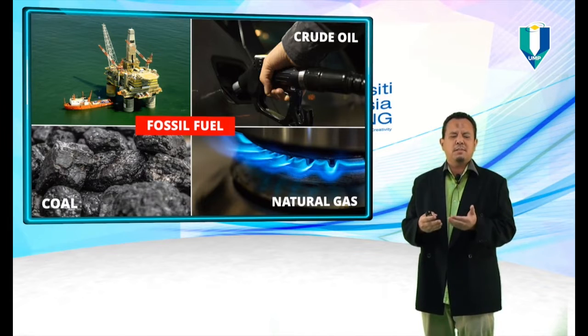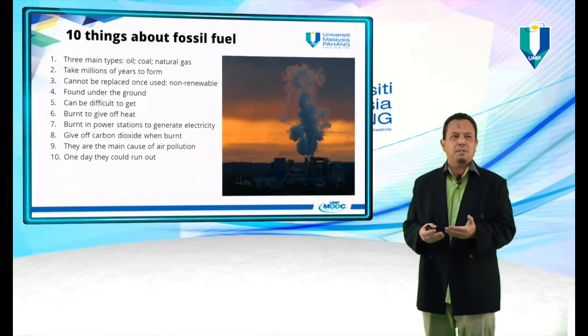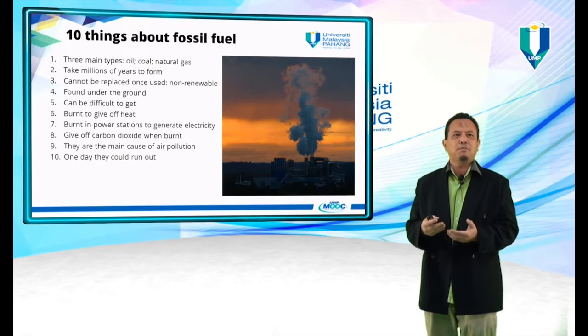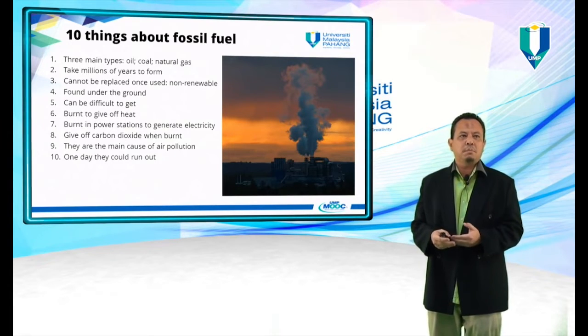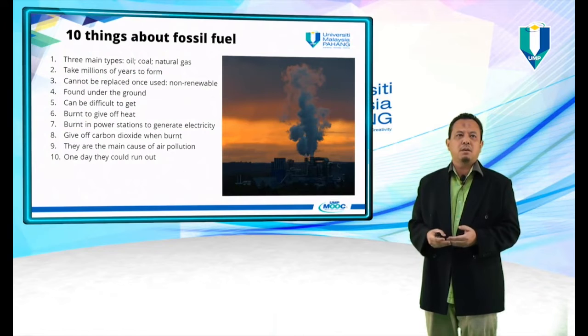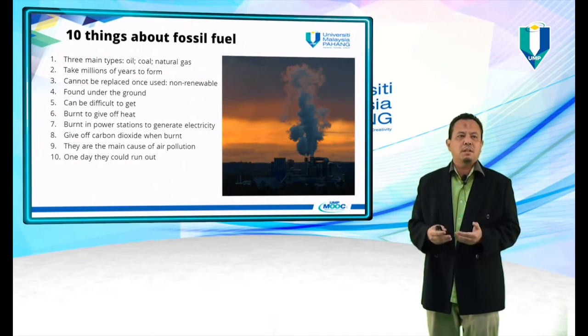for fossil fuels consists of 10 major elements. Number one, the types of fossil fuel that I mentioned earlier. Number two, fossil fuel takes millions of years to form. Number three, it cannot be replaced once used and it is called non-renewable. Number four, it's found under the ground.